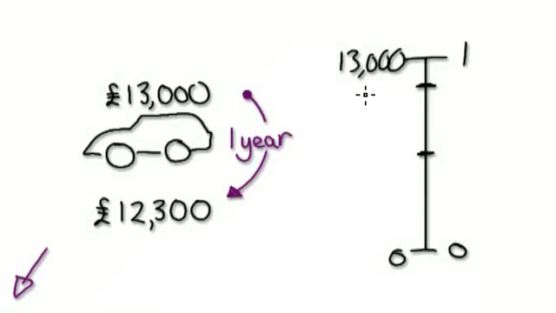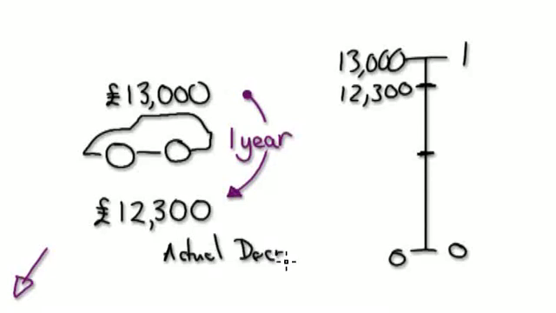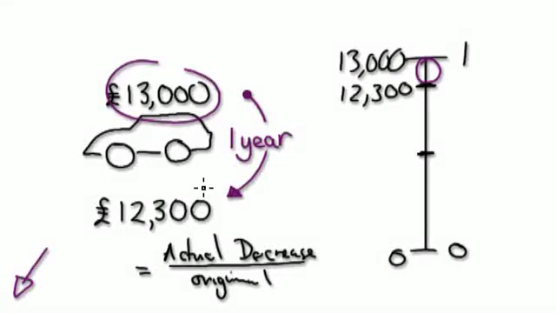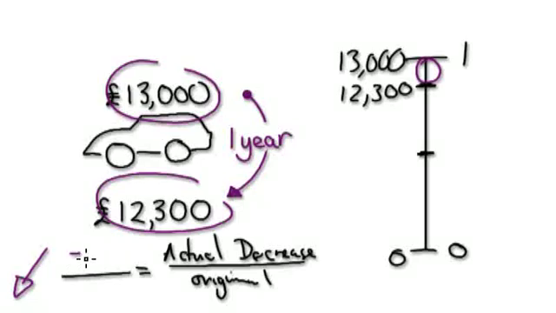50% is halfway here. So after 1 year, the value of the car is this amount here. And it's always the actual decrease divided by original. So the actual decrease is this here. You take this away from this, so the actual decrease is 700.